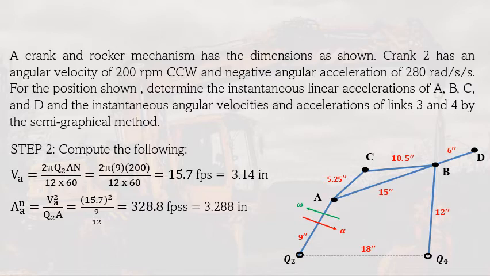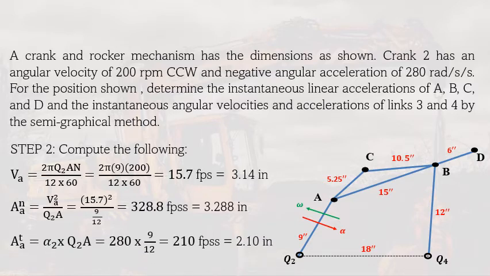We get here 328.8 feet per second squared. Since our acceleration scale is 100, we divide 328.8 by 100 and obtain 3.288 inches. That means that on our paper, the acceleration of A normal is 3.288 inches.